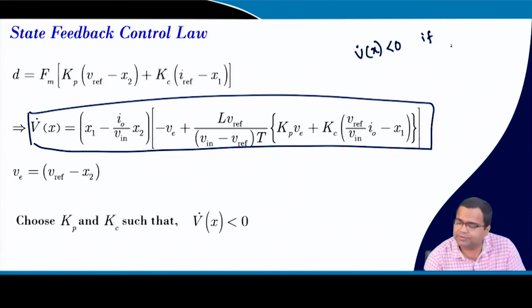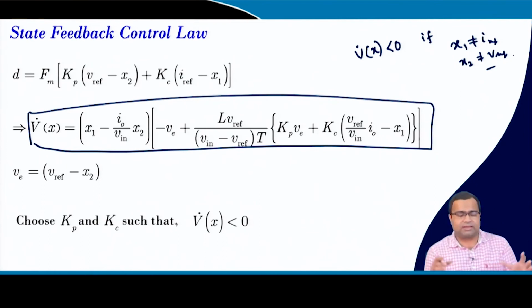So, if x1 is not equal to I ref and x2 is not equal to V ref, then as long as they come here, it should be negative, it should decrease, and that will ensure the large signal stability.